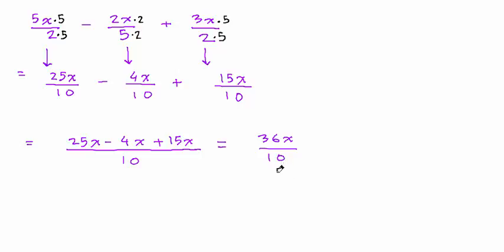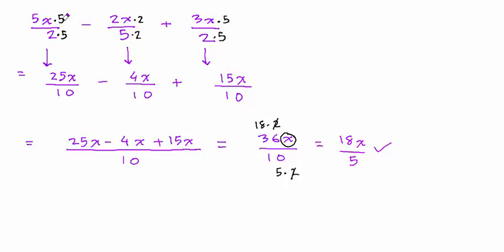So 10 is going to be 5 times 2, 36 is going to be 18 times 2. Cross off the 2 and the 2 from the numerator and the denominator. The x is still left, so we have 18x over 5. That is the simplified form of this expression.